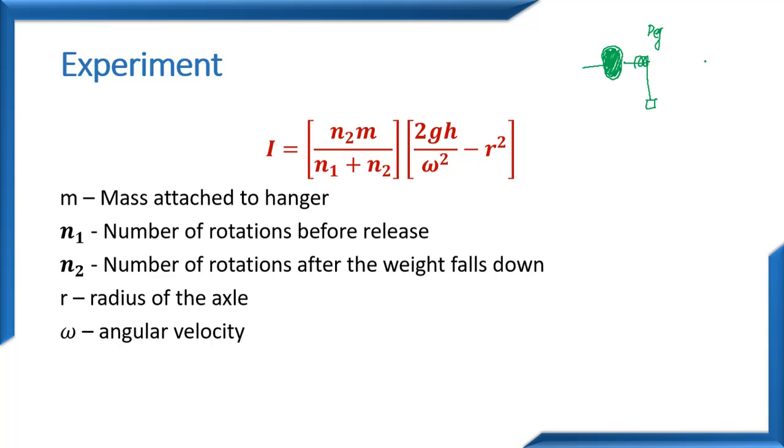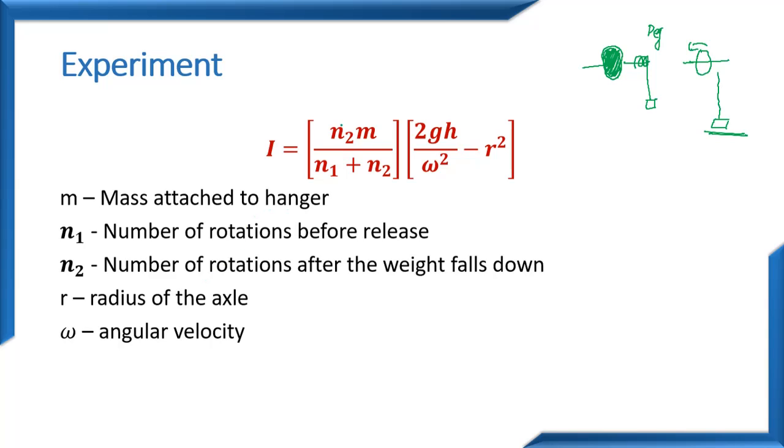So when all this has fallen down, that is when the mass has entirely fallen down from the axle, the mass will detach from the peg and fall to the ground. But this flywheel will continue rotating.